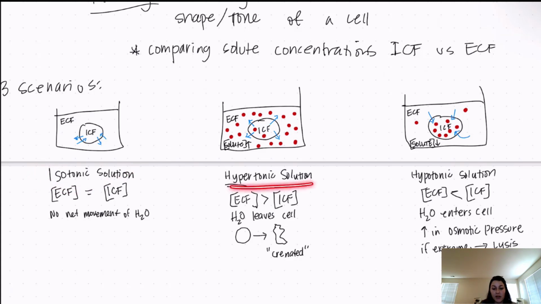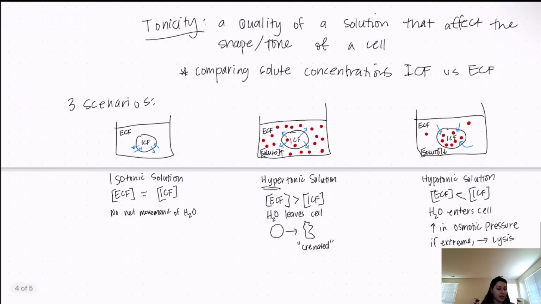If we're in a hypertonic solution, that cell has more solutes outside of it, so water is motivated to leave because water is always trying to dilute stuff. Water is going to follow those solutes. And then lastly, in a hypotonic solution, water is going to want to enter that cell, and sometimes that can lead to lysis. So that's tonicity and osmosis.